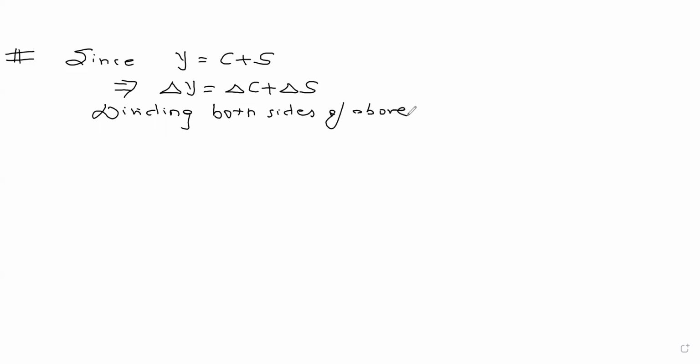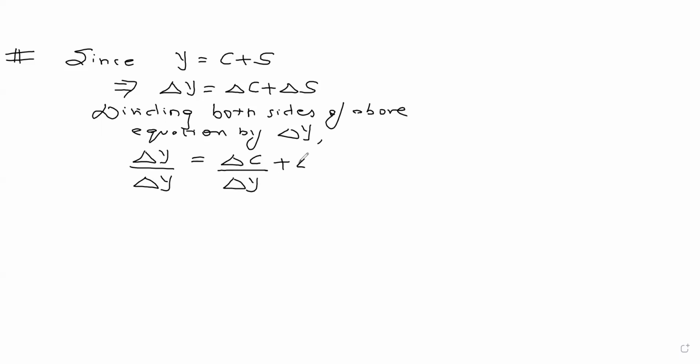Dividing both sides of the above equation by delta y, I get delta y by delta y as delta c by delta y plus delta s by delta y. Now delta y cancels, I get 1.